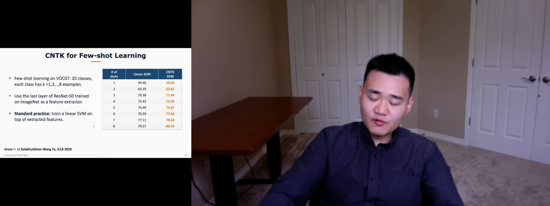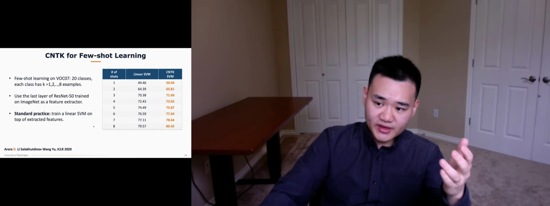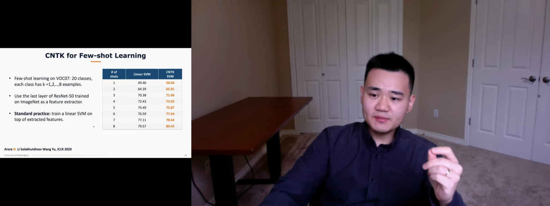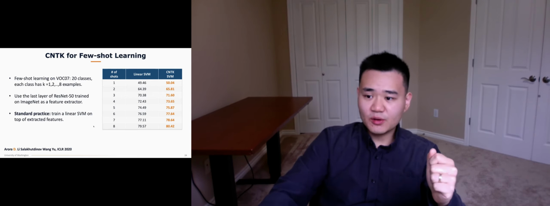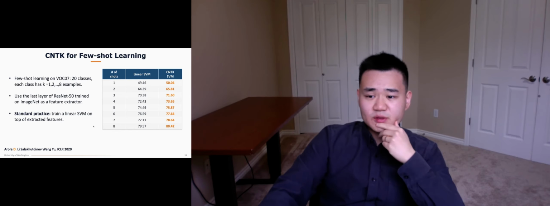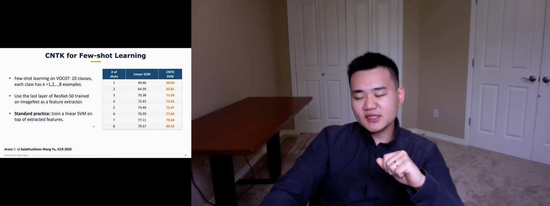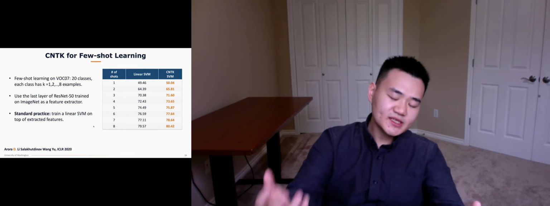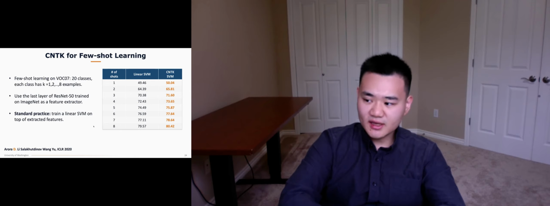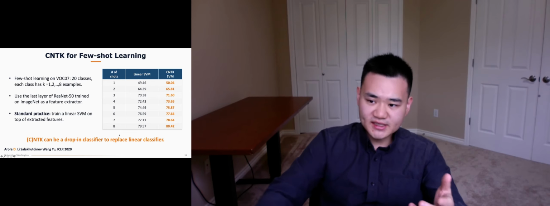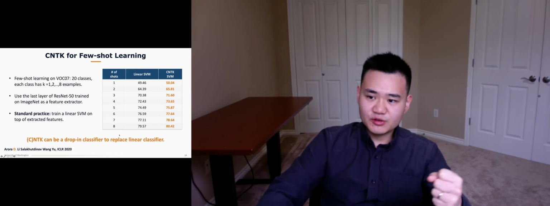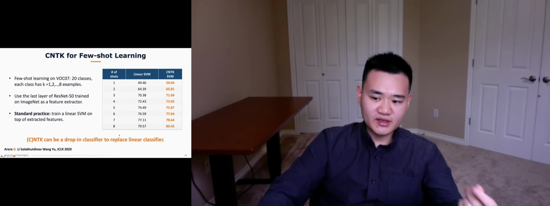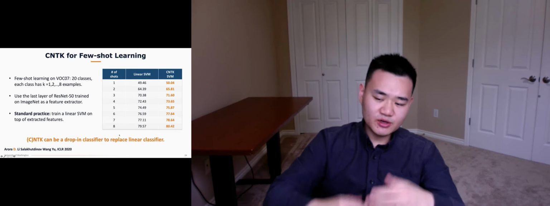You can see here that for all the setups, we achieve some improvement, and on some setups, for example with 7 shots, we have a big improvement. So this shows that for image datasets, and especially in the few-shot learning scenario, you should try this convolutional neural network kernel. It can be a drop-in classifier to replace the original linear classifier, for example the SVM, in your task.